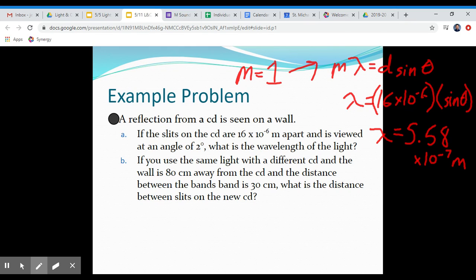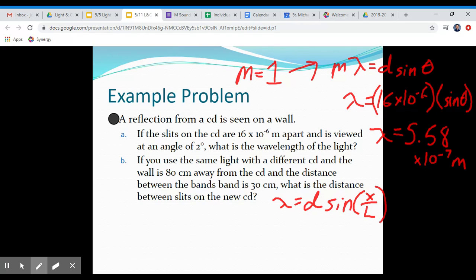But now the only difference is we're not going to be able to use sine of theta because we're not given an angle. And this is usually going to be the case because you're not going to be able to measure that super, super tiny angle. So what we'll do is we will say that my wavelength is equal to d times sine of, and now we're going to use x over L.